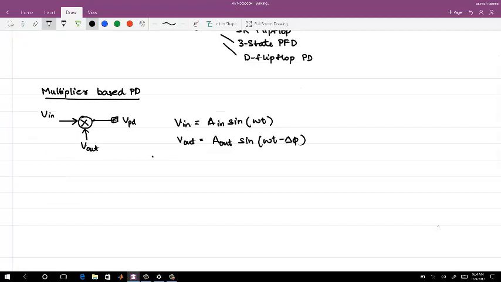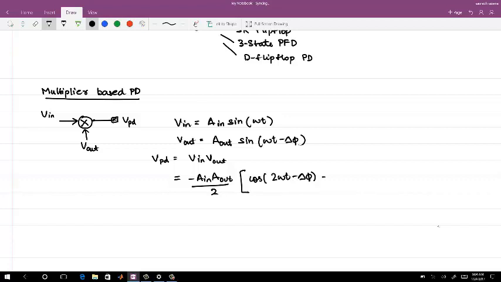So the output of the multiplier is V in times V out, which is, I will just write it directly here, A in A out by 2 into cosine of 2 omega t minus delta phi minus cosine of delta phi. Okay, I just applied the trigonometric identity directly here.